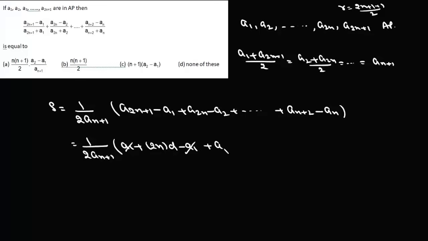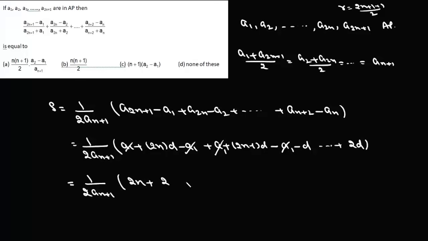Now a2n is a1 plus (2n minus 1)d, minus a2, which is a1 plus d. Now here a1 will cancel, so we'll get this as (2n minus 2)d, and we'll continue, and here it will be 2d. Now we can write this as 1 upon 2a(n plus 1) times (2n plus (2n minus 1)...) and so on, all the way up to 2 into this common difference d.